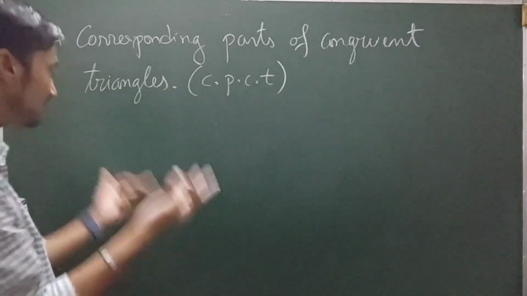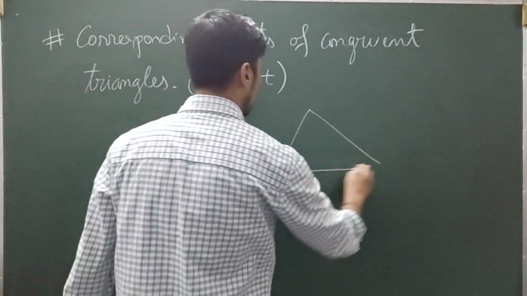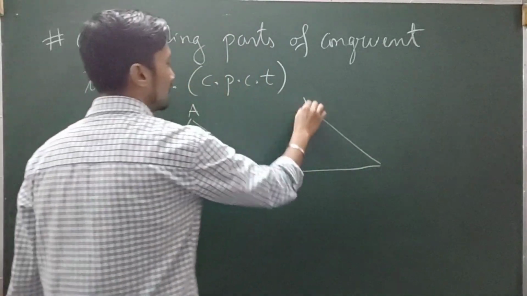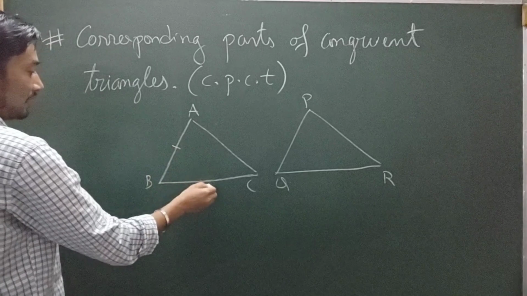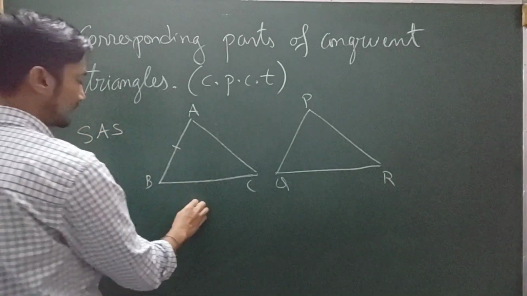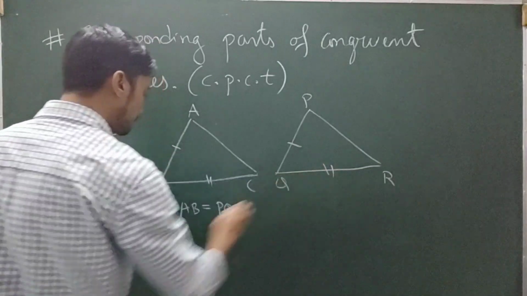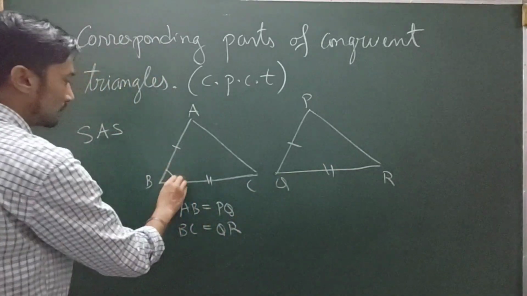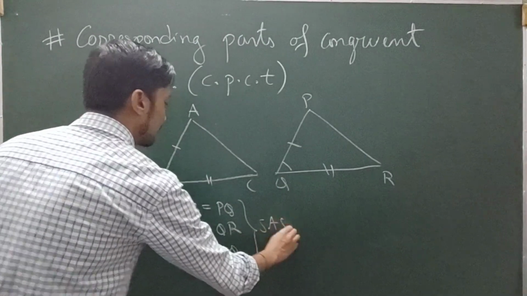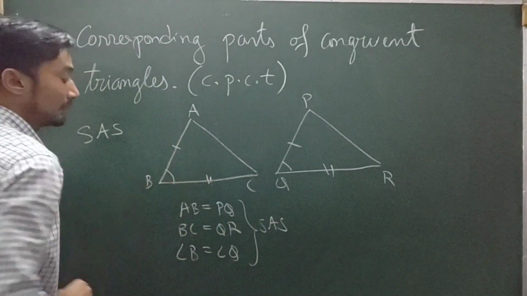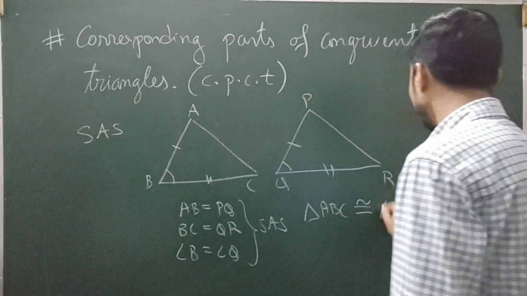What is this? Listen, suppose we have two triangles, ABC and PQR, and then maybe by using side angle side, that is, maybe by using AB is equal to PQ, BC is equal to QR, and the angle included between the two sides, angle B is equal to angle Q. Using the side angle side congruency theorem, maybe I was able to prove that triangle ABC is congruent to triangle PQR.